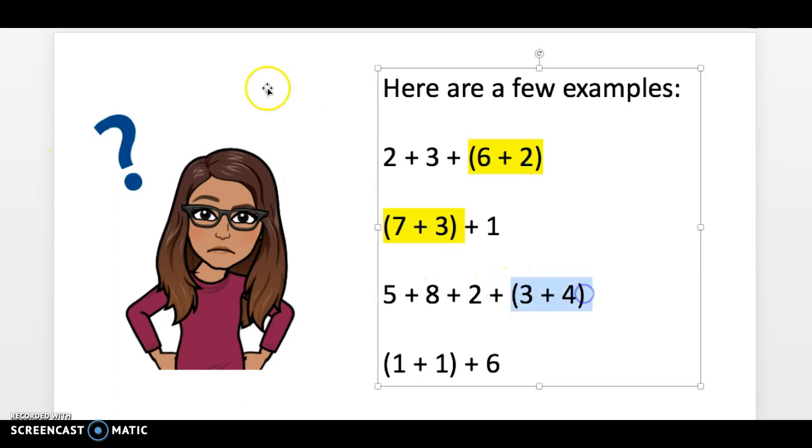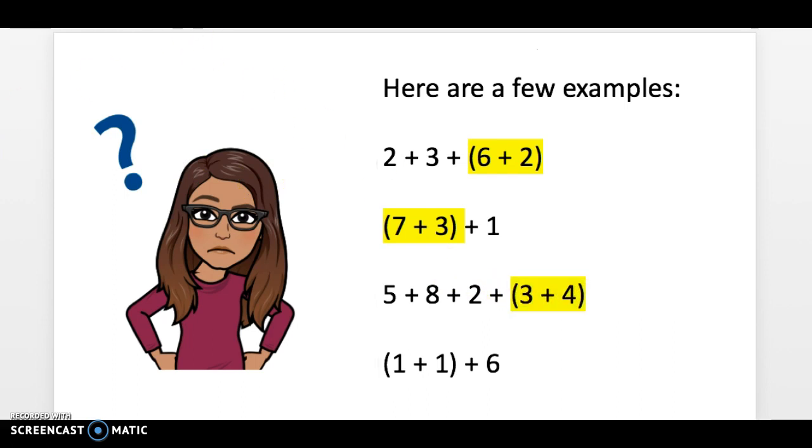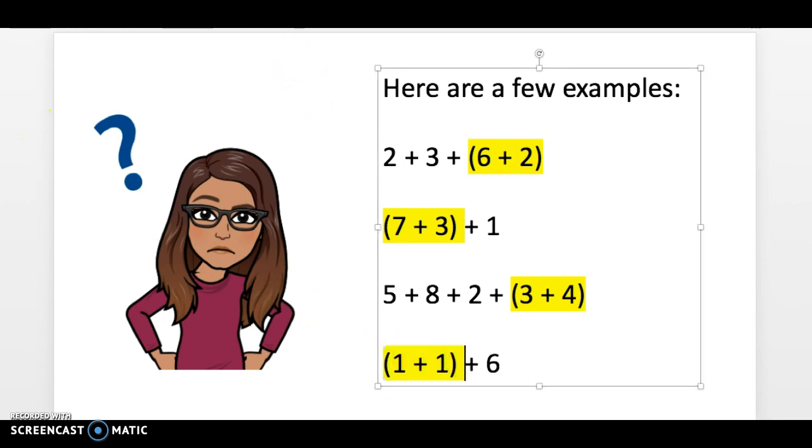In this numerical expression, we see that 3 plus 4 is in parentheses, which means that that is what we evaluate first. And lastly, we have (1 plus 1) plus 6. In this numerical expression, we have 1 plus 1 in our parentheses, which means that that is what we will evaluate first.